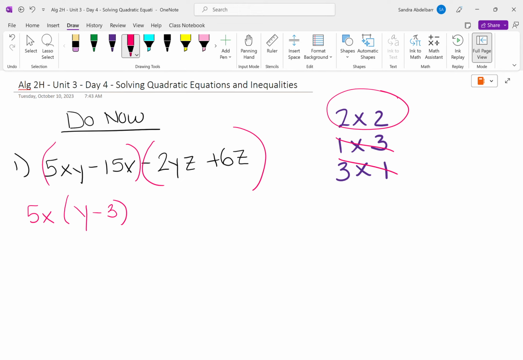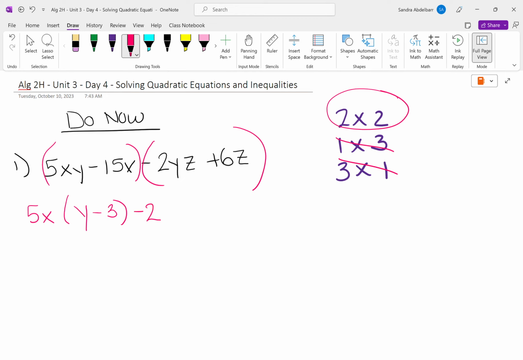In the second one, what am I pulling out as the GCF? I want to say Caitlin. Am I right? Yes. She said a negative 2z, not just a 2z, because we need that y to be positive.